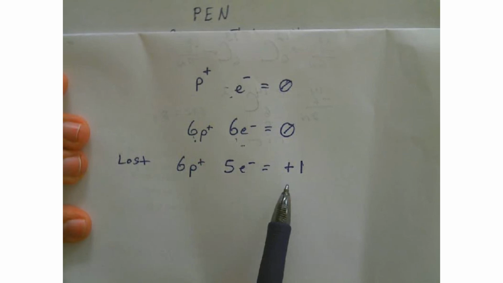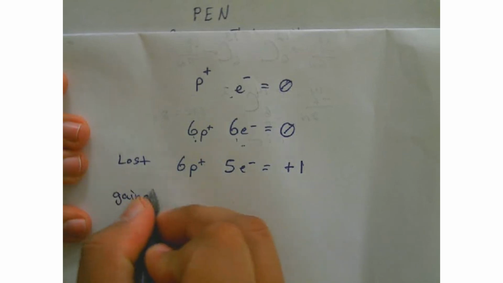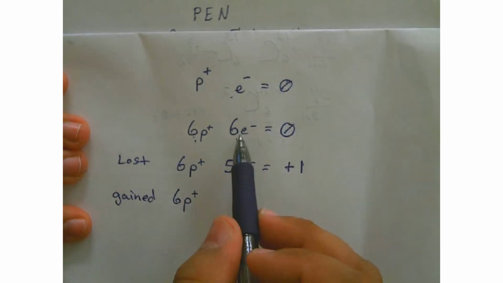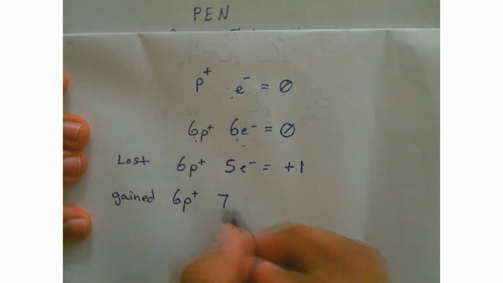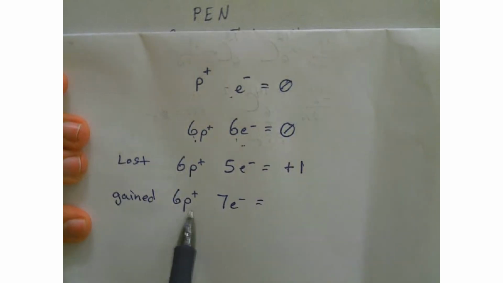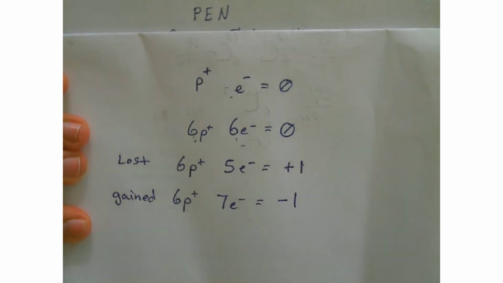So let's say we gained an electron. I still have 6 protons. Normally I'd have 6 electrons, but now I have 7 electrons, right? Well, let's look. When these all cancel out, what's left? Well, 6 protons are going to cancel out 6 electrons, so that leaves me with 1 electron left, so that's a negative 1 charge, right?